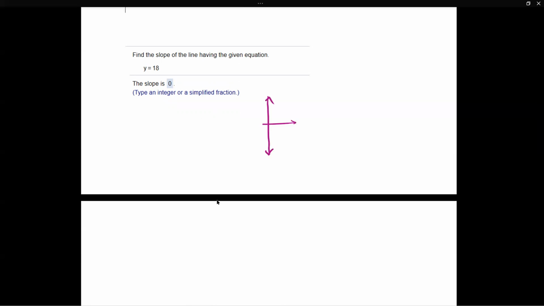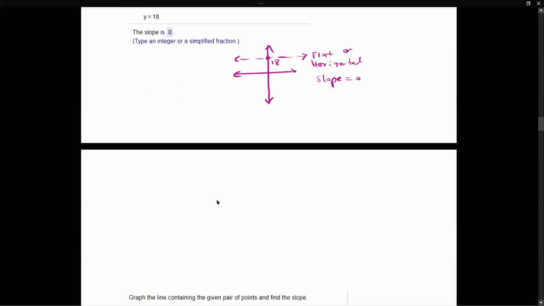So if we have, let's say, y equal 18, as you see, this is a flat or horizontal line, which means the slope is 0. If it's a vertical line, then it'd be undefined.